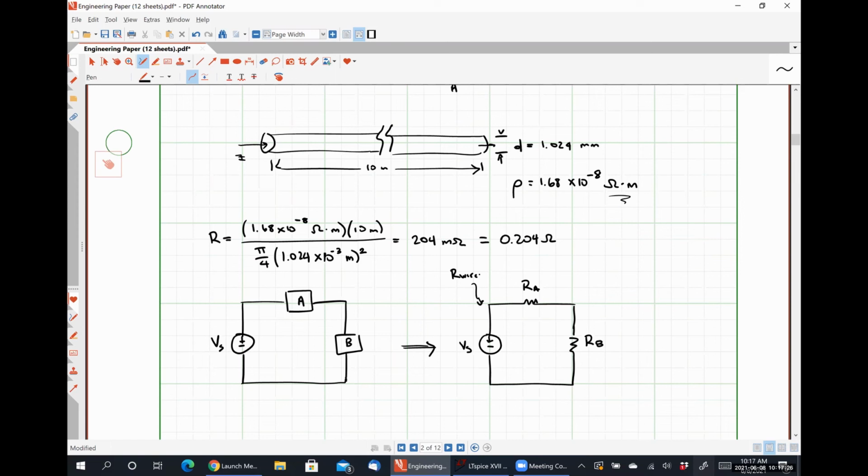I will tell you explicitly when we're going to be using the resistance of a wire, and typically I'll just give it to you and say the resistance of the wire is X, but I just wanted to point that out.